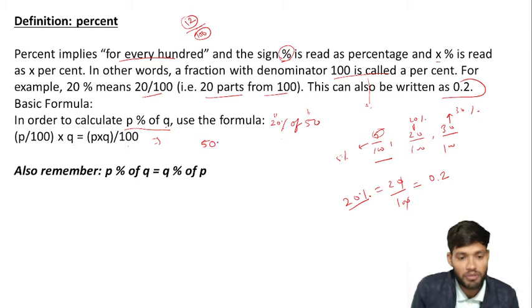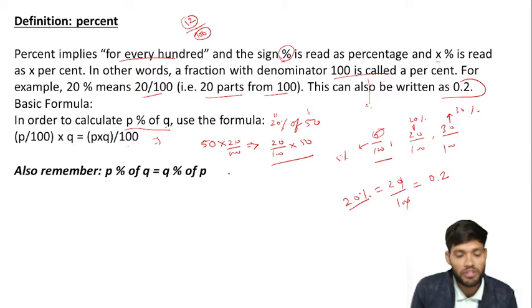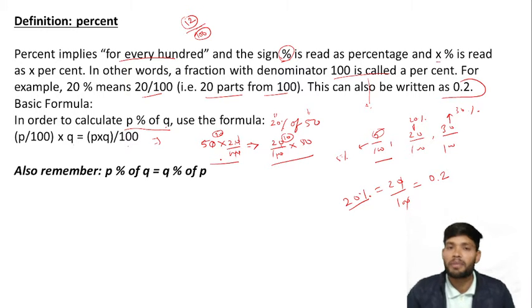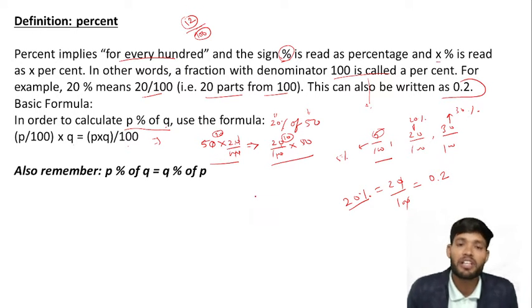We can write 50 into 20 by 100, or 20 by 100 into 50. Both calculations give the same answer. Cancel the zeros, 5 twos are 10. It gives the answer 10.